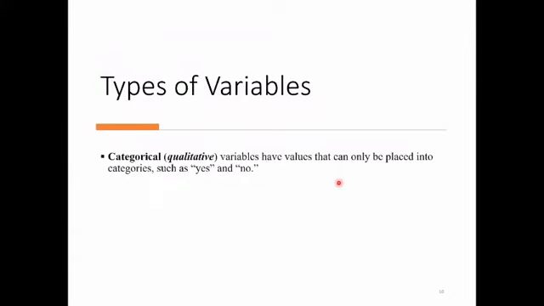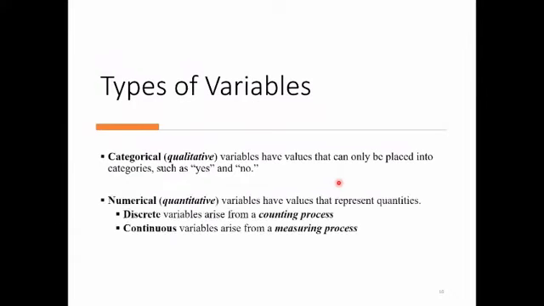You have two main types of variables. You have categorical variables and you have numerical variables. Categorical variables are qualitative. That is, it is a variable where the answer is such that it's a yes or no, something like that. There are no numbers defined to it. A numerical variable is quantitative, and there are two types of numerical variables.